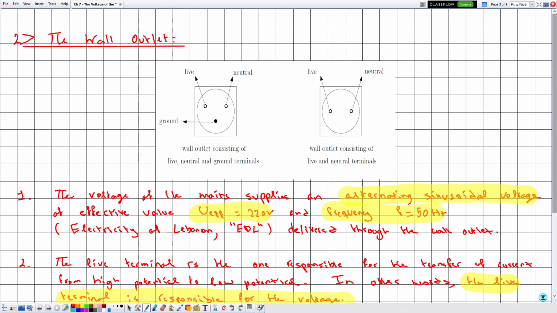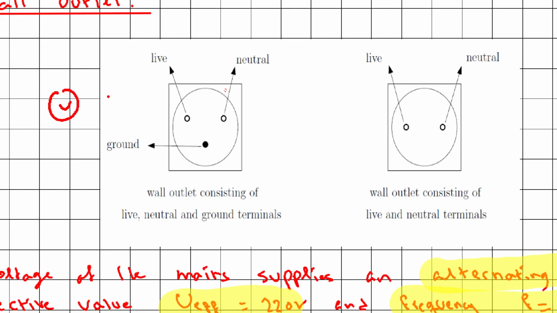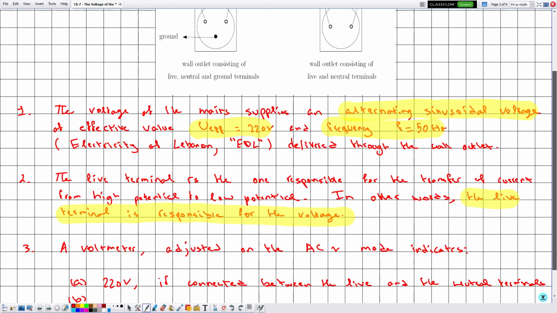Now, in order for the voltmeter to indicate 220 volts, one of the terminals must be connected to the live. Previously, the other terminal we connected to the neutral. Similarly, if this is connected to the ground, it will also indicate 220 volts.